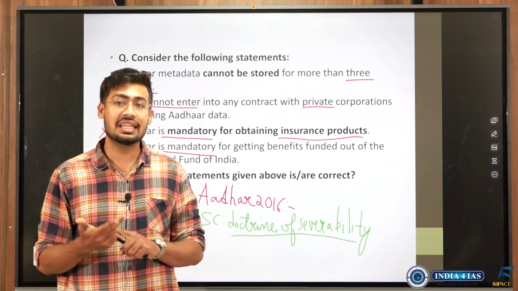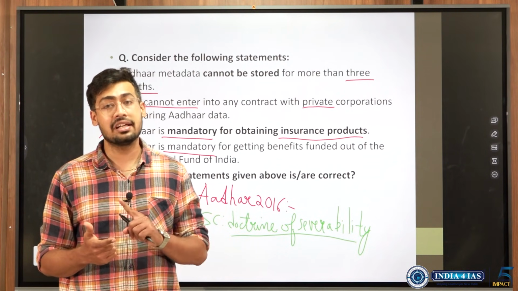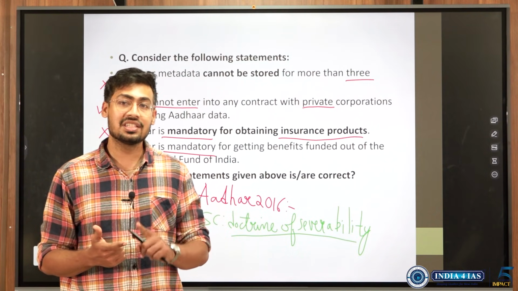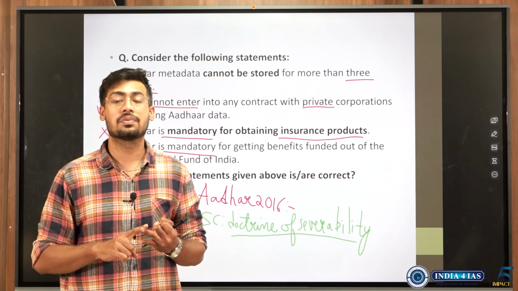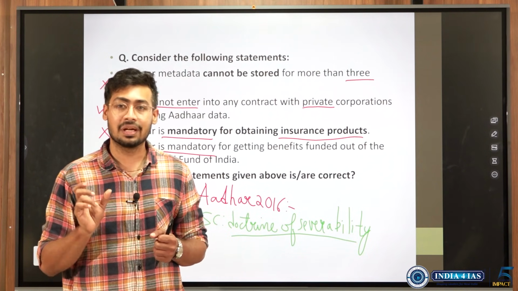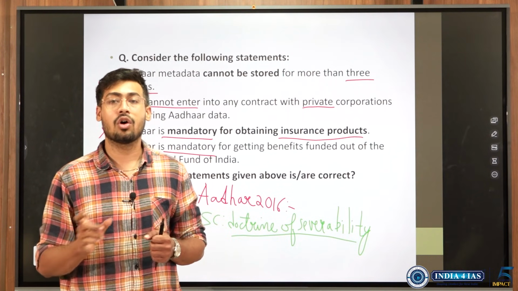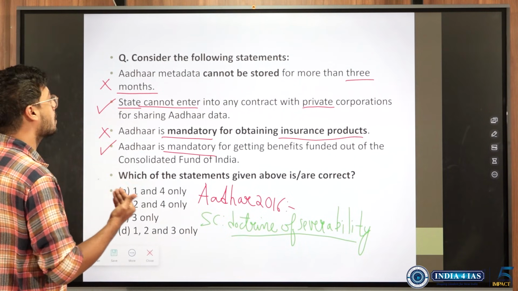If he is taking admission into UGC or any other colleges, then the college cannot mandatorily ask for Aadhaar. So this is what Supreme Court has said. But if you are taking any benefits, if you are taking direct benefit transfer, if you are taking subsidy, then Aadhaar becomes mandatory because the money is coming from the exchequer or the Consolidated Fund of India. So in our case it is mandatory. This is what Supreme Court had said.